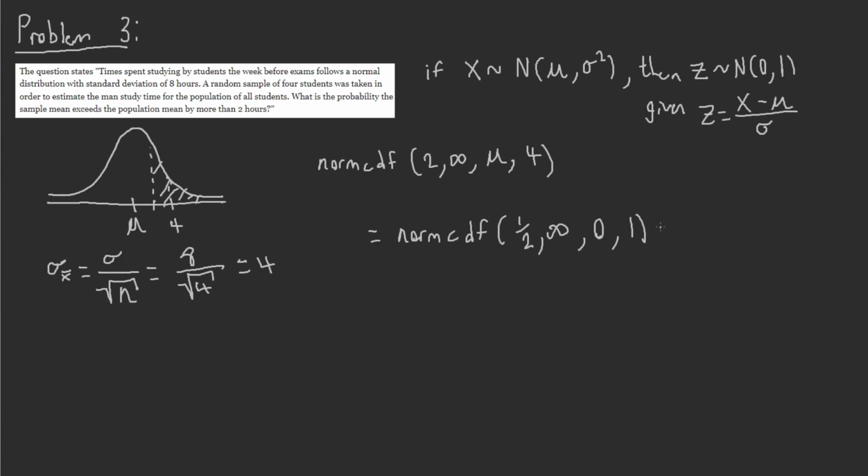And if you plug this into your calculator, you'll get about 31%. And so it seems to be that the probability of the sample mean exceeding the population mean by more than 2 hours is about 31%.